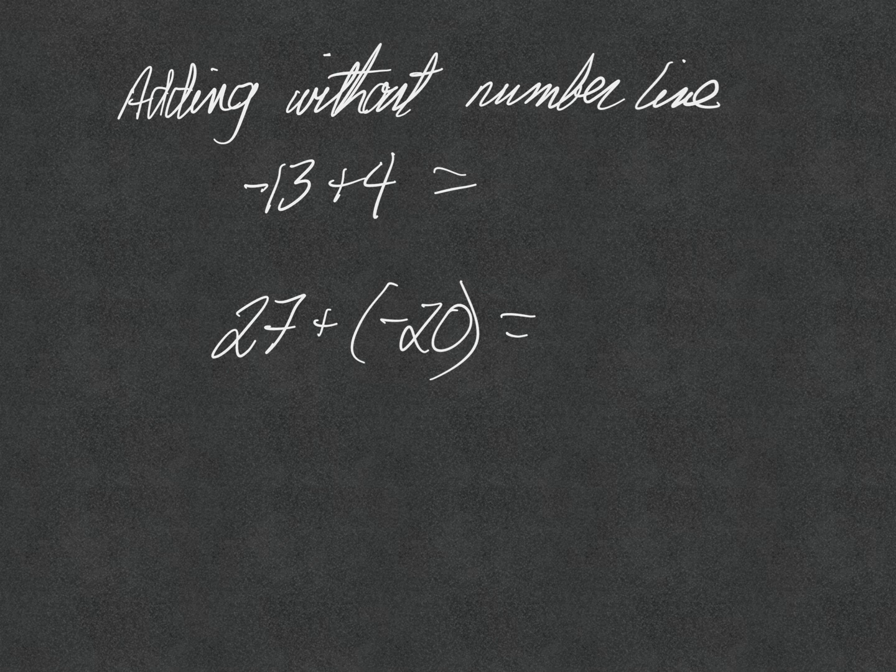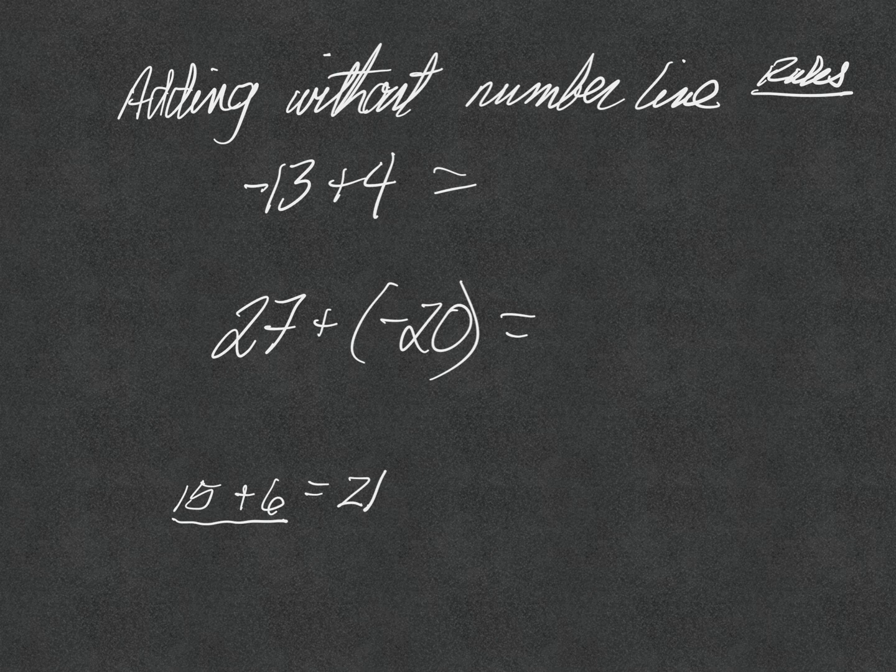And if you remember the rules, all right, the rules of adding without a number line were this. If you add two positives, so if you add 15 plus 6, then you just add normally and you get a positive.